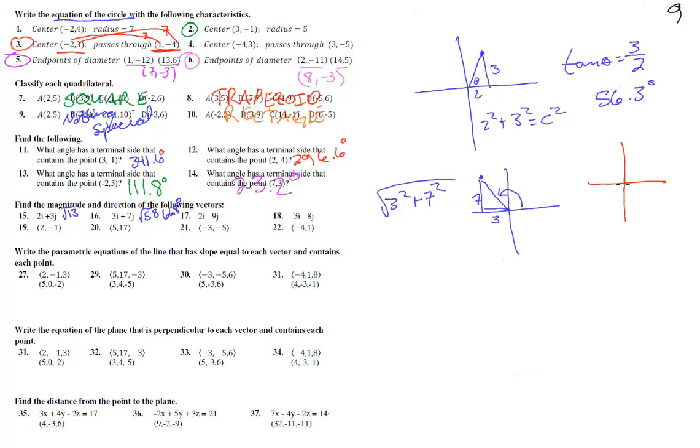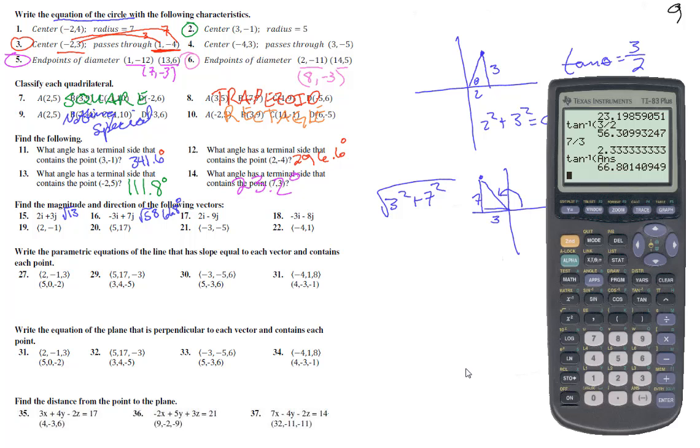All right, the next one, 21. Notice where this guy is. 2, -9, we're going to be way down here with a 2 and a 9. So if we get the theta, we've got to subtract it from 360. So tangent inverse of 9 halves. So we're at 77. We're going to subtract that from 360.